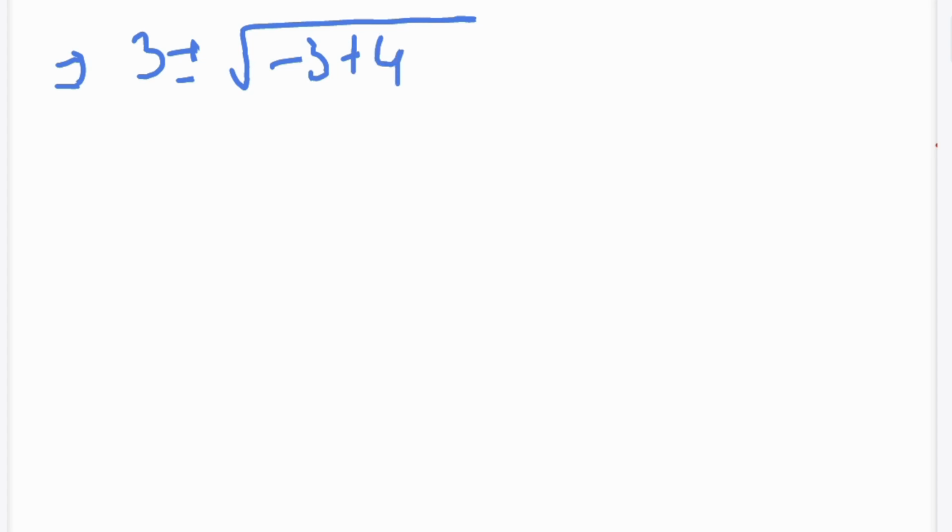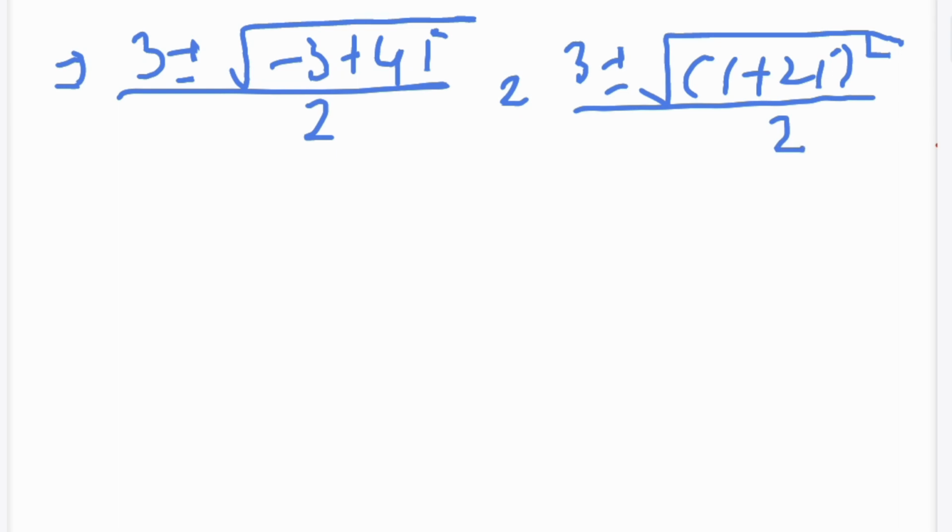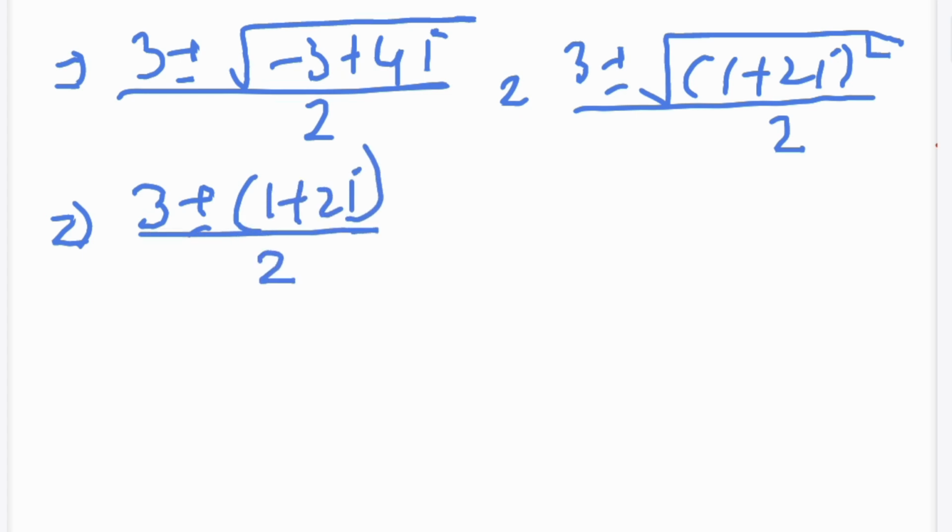So our root was 3 ± √(-3 + 4i) over 2, and as we got -3 + 4i as (1 + 2i)², over 2. So the next line is simply 3 ± (1 + 2i) over 2. So there are two roots.